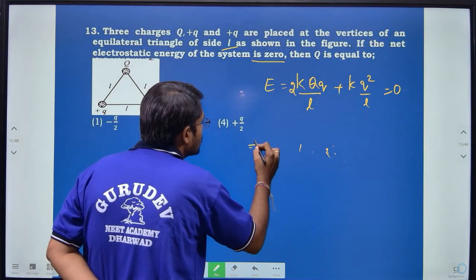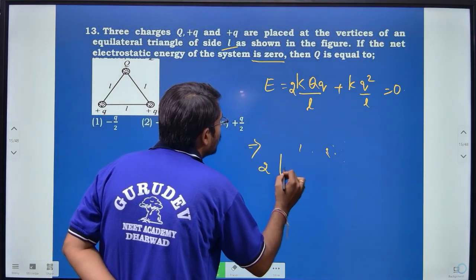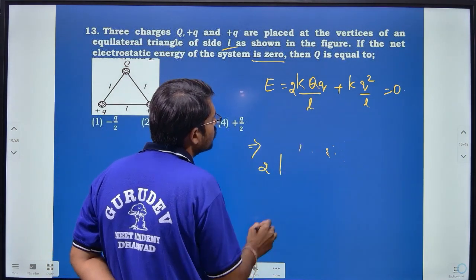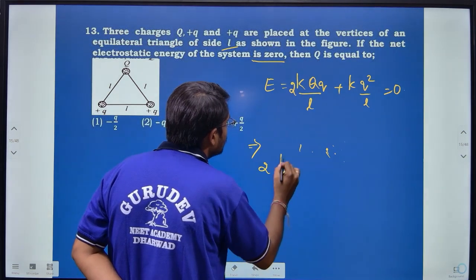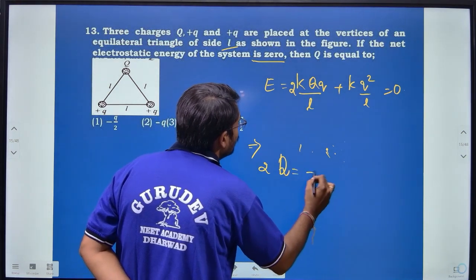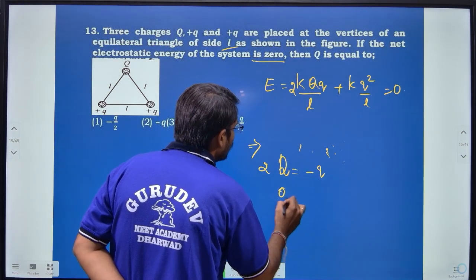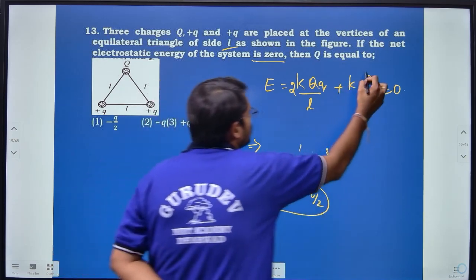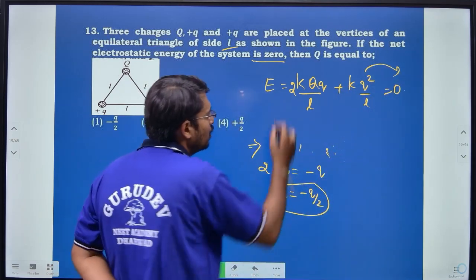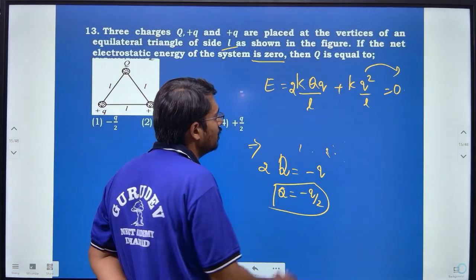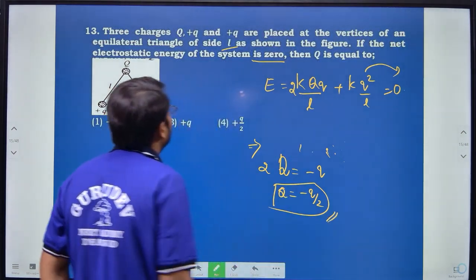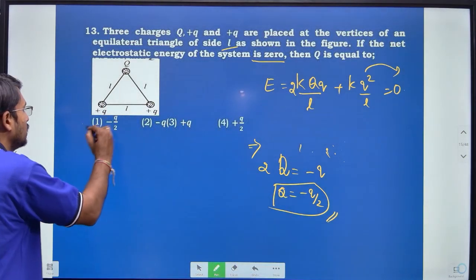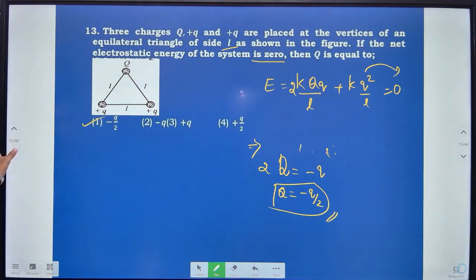So this implies 2 Q times capital Q equals minus Q square, so capital Q equals minus Q divided by 2. First you have to shift this to the right hand side, the common terms will get cancelled, and finally we are left with minus Q divided by 2.